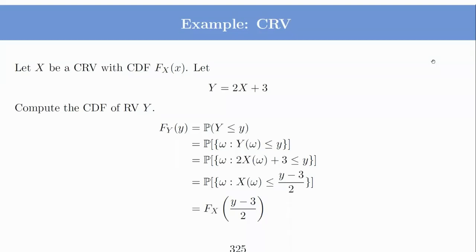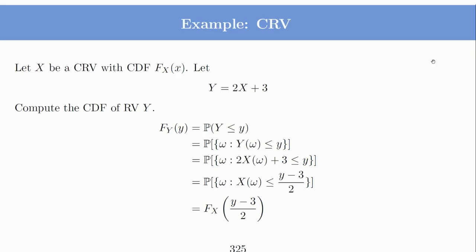We do not know about the original probability space, and we are told that y is equal to 2x plus 3. And we will show that even this will uniquely determine the CDF of y, no matter what the original sample space and probability measure are. If y is equal to 2x plus 3 for all omegas, then this is the only CDF which is possible.